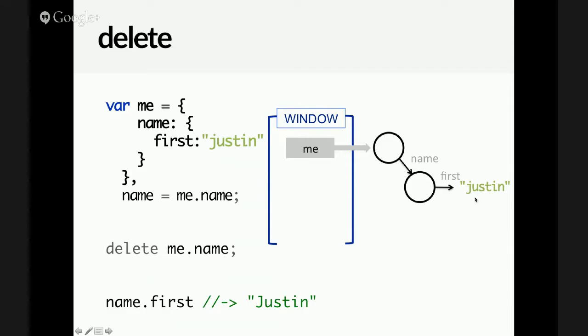And again, JavaScript is really going to do this, you can think of it, in reverse order. First, it's going to create Justin, then it's going to create an object with a first property that points to Justin. Then it's going to create this object with a name property that points to this object, and then it's going to create me that points to that object.